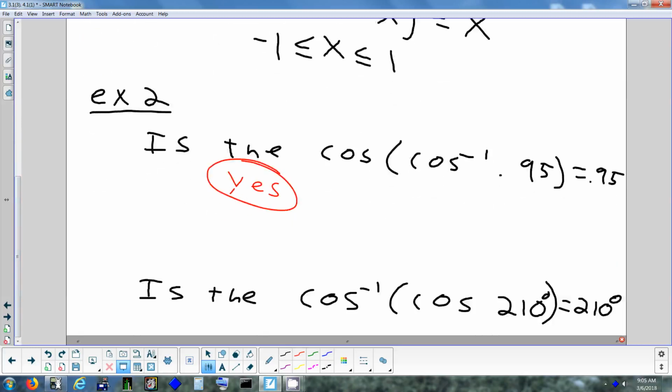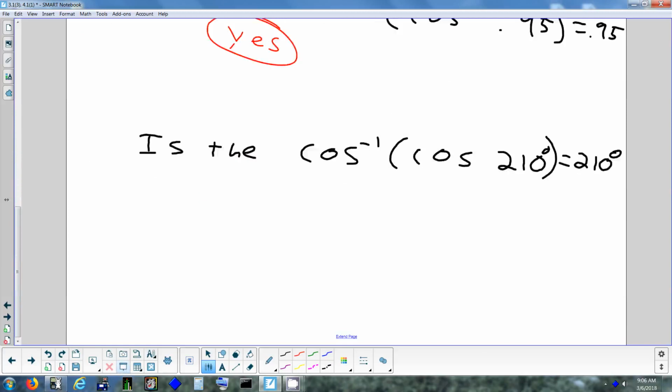Okay. And we'll just try one of the other type. Inverse cosine of regular cosine. Okay. I just told you it's the other type. So this is formula 4A. Ben, what am I supposed to be between for formula 4A? 0 and 180. Yep, we're supposed to be between 0 and 180. Did I plug in a number between what you just said? No, I plugged in 210. So it's not that you can't do it.